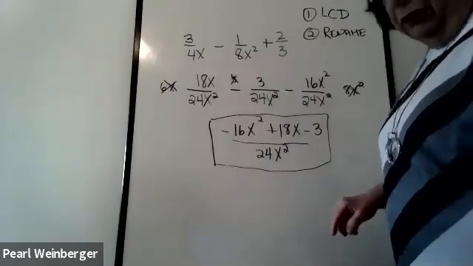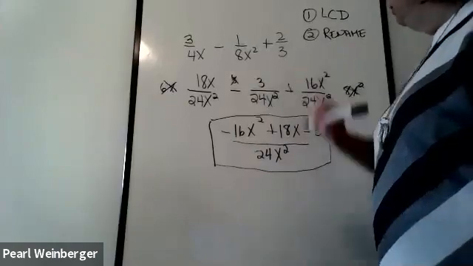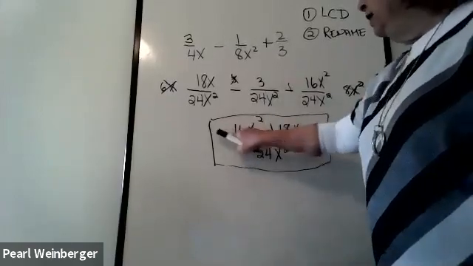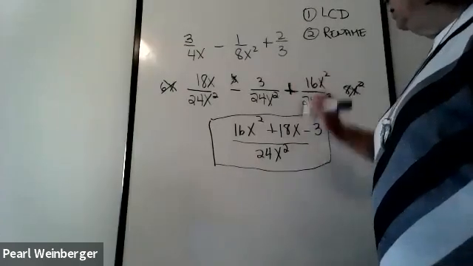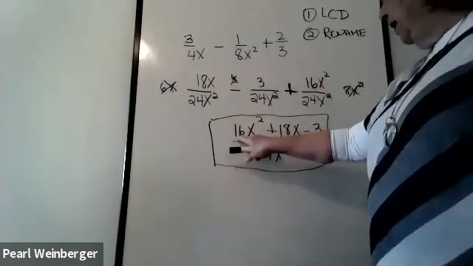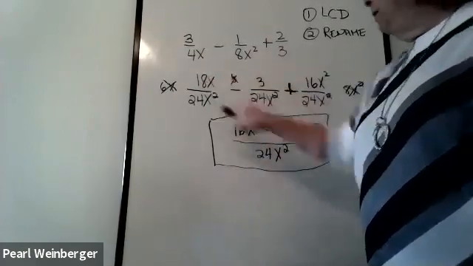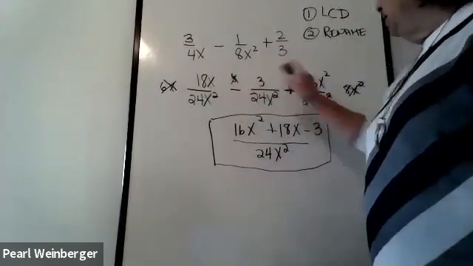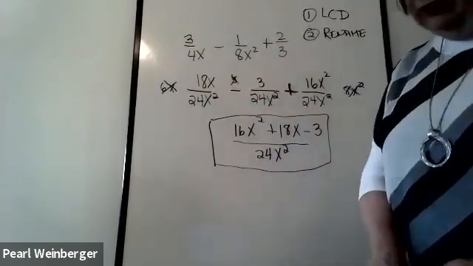Oh, no, that's my fault. You're right. This should have been a plus. Okay, thank you. I just rewrote it wrong. Thank you so much. Okay, it shouldn't have changed, and it should have been a positive 16x squared, a positive 18x, and a minus 3. Thank you, Alexandra.